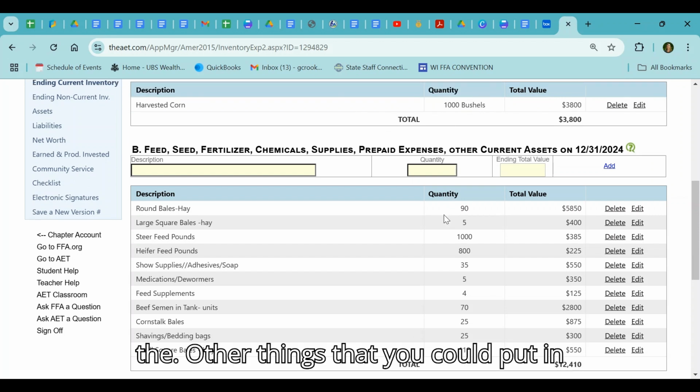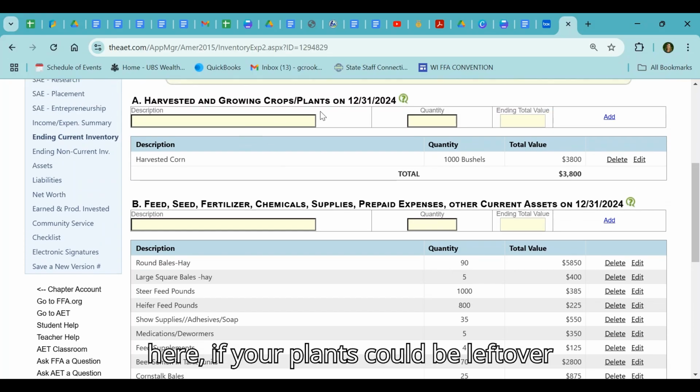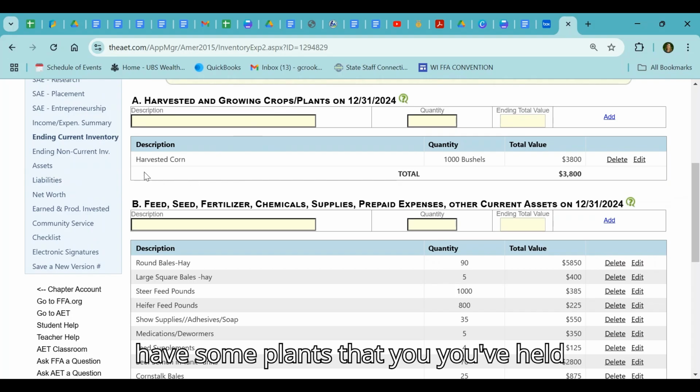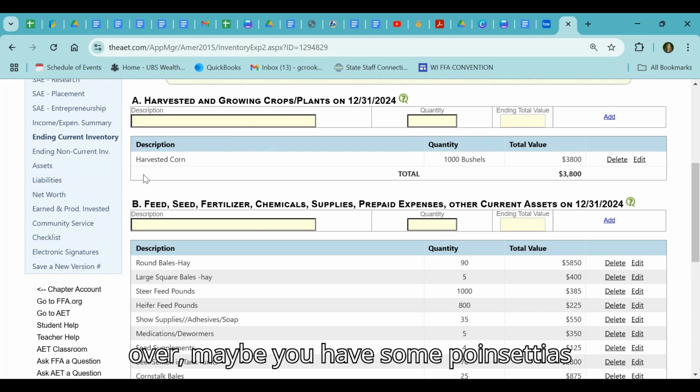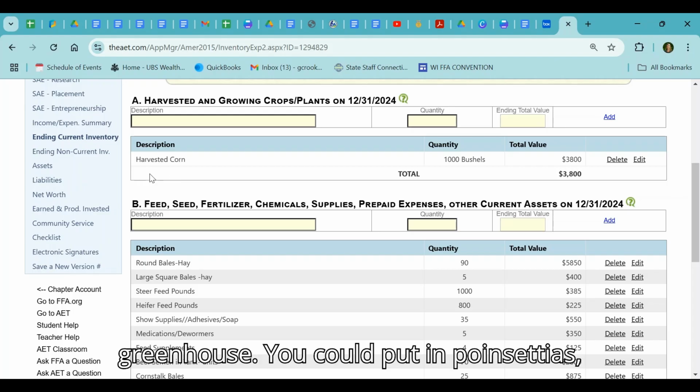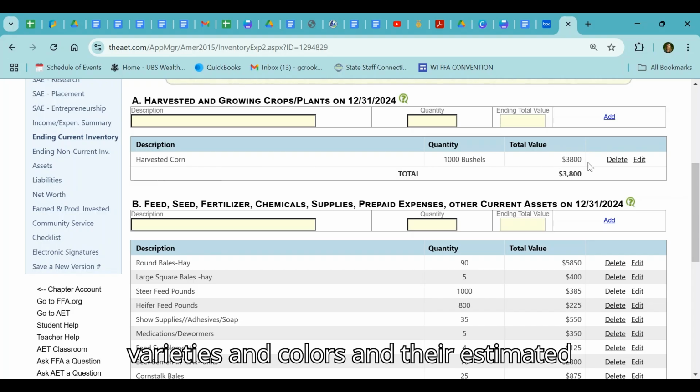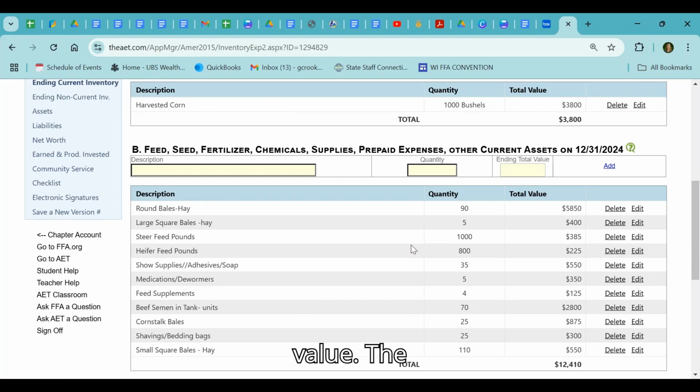The other things that you could put in here could be leftover plants. If you have a greenhouse and you have some plants that you've held over, maybe some poinsettias that you grew and they're still in your greenhouse, you could put in poinsettias, how many you have. You could put the varieties and colors and their estimated value.